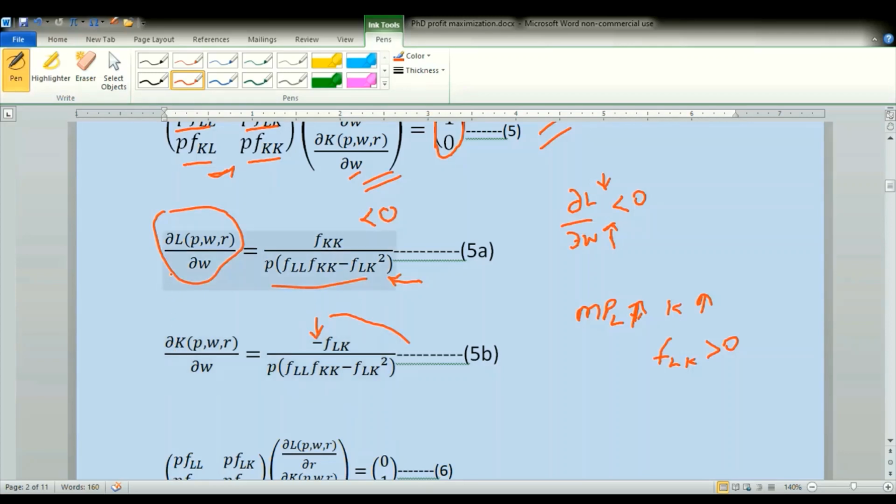If this is something that is happening, we say that they are complementary goods to each other, or they go together. Labor increases, capital increases, labor decreases, capital decreases. At least this might be happening in some range.